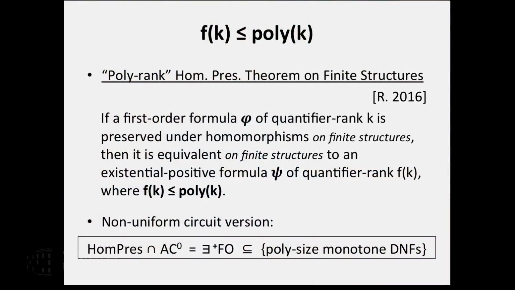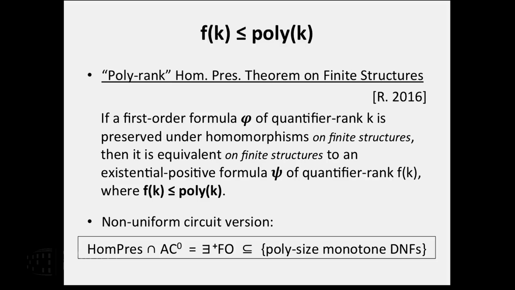So in addition to this quantitative improvement, I should mention that the route via circuit complexity also gives a qualitative improvement: we get a non-uniform circuit version of the homomorphism preservation theorem. This is in contrast to the Itai-Gurevich result, which showed that syntactic monotonicity is different from semantic monotonicity with respect to AC0.